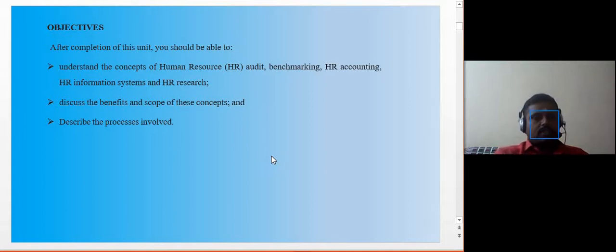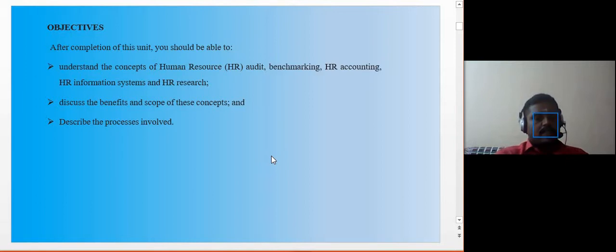The objectives of this unit: after completion of this unit, you should be able to understand the concept of human resource audit, benchmarking, human resource accounting, human resource information system, and human resource research.